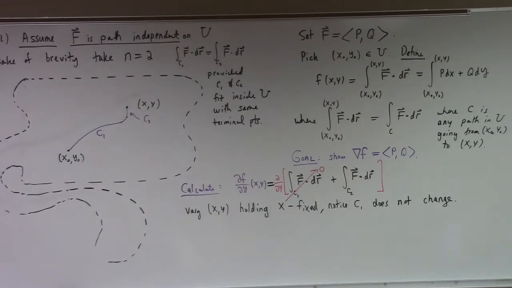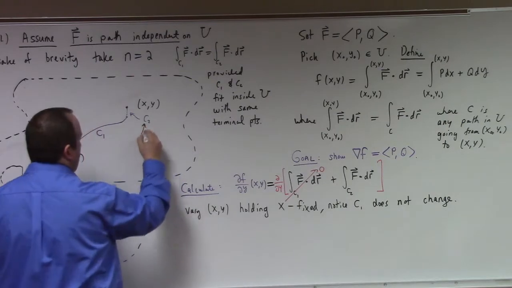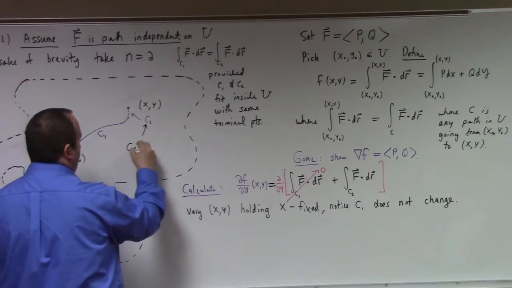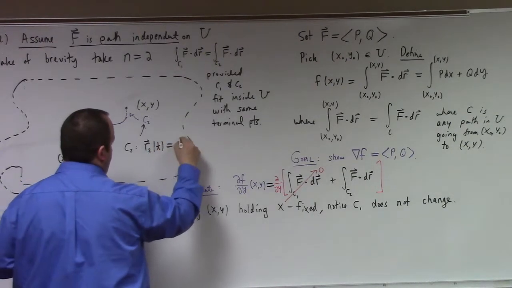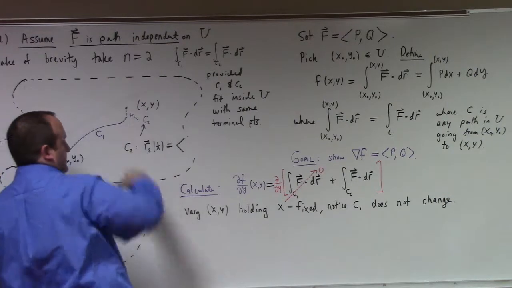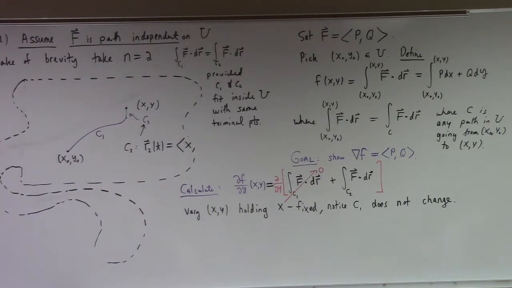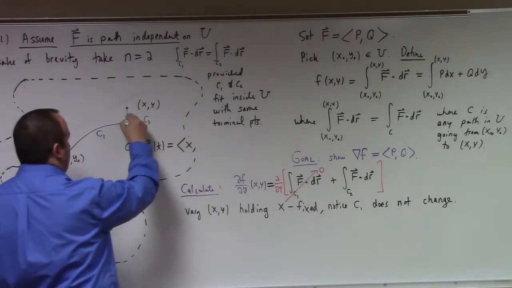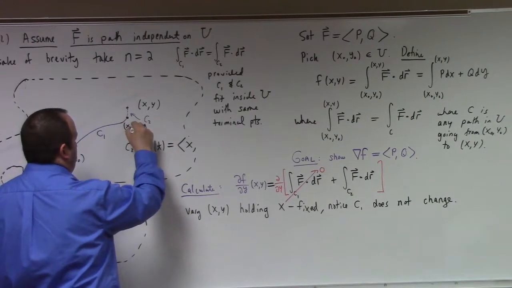Can you tell me what the parameterization is of C2? Let's say r2 of t is what? Well, the x component is x, right? What's the y component? I need to know this joining point. It's x comma, let's say, y1.